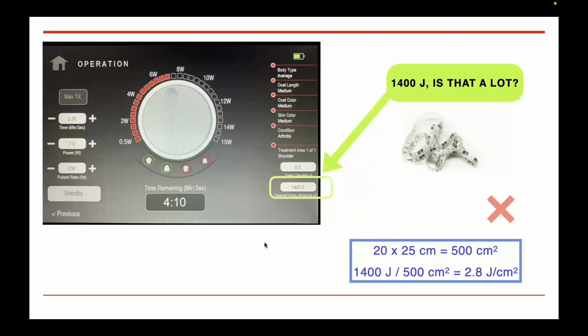For instance, in this case, if we increase the area to 500 square centimeters, the dose would only be about 2.8 joules per square centimeter, which is likely to be too little for this patient with chronic shoulder pain. I am not saying that we should not treat the muscles of the spine or the scapula, but these areas should be treated with their own dose, and they should be included in the treatment area calculations from the beginning.